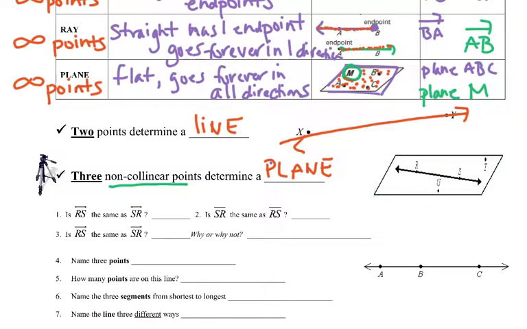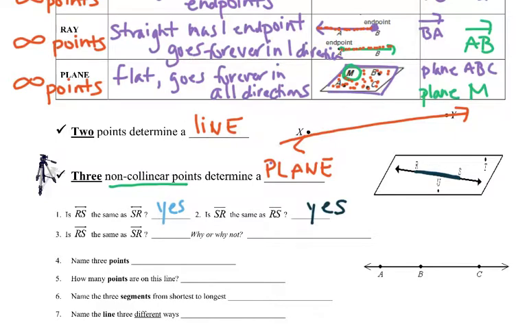I'm going to erase this so I can look at the picture, and it's asking me to say, is line RS the same as line SR? What do you think? Are those two lines the same? You're right. Yes, they are. What about if I said segment RS and segment SR? Are those the same? Yes.